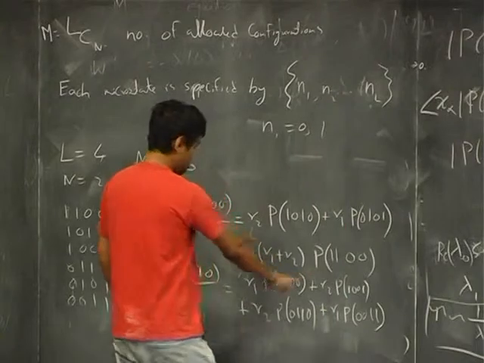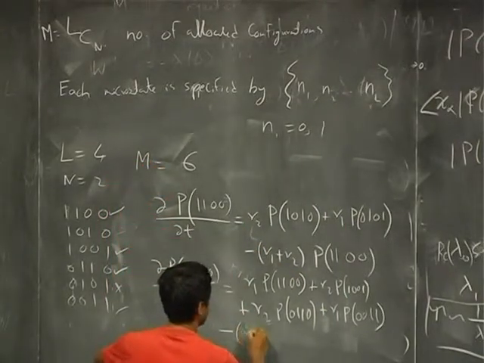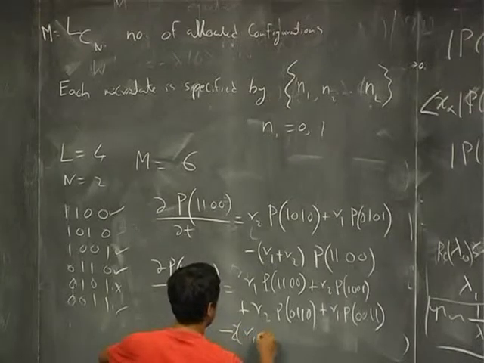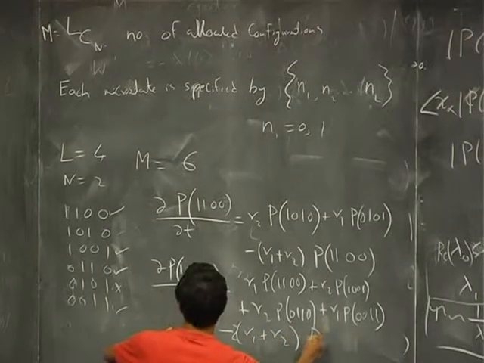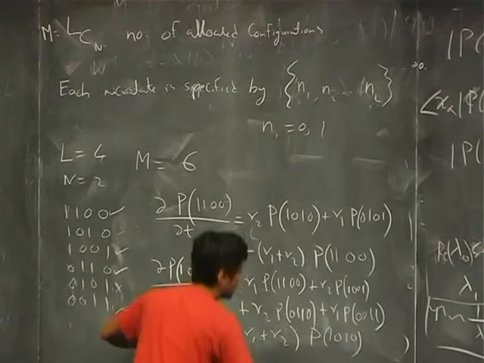Okay, and then you just have to add all this and subtract. So that's minus R2, R1 plus R2, P of the same thing, 1010.